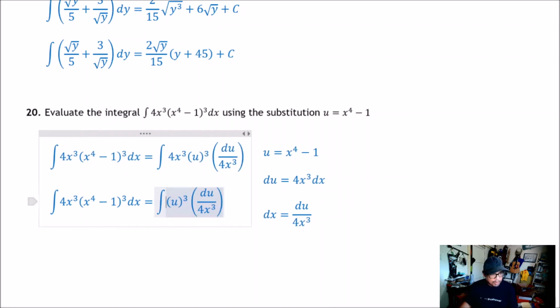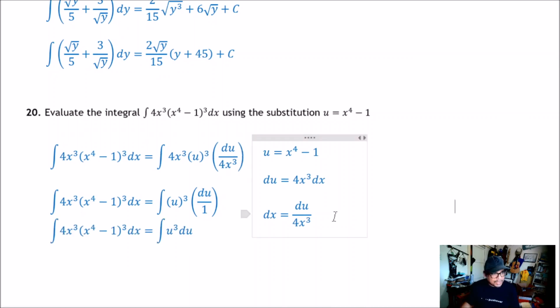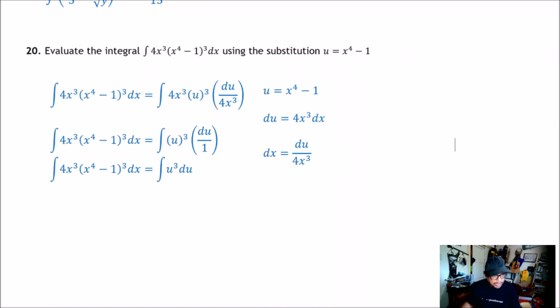Let's get rid of both of those. Okay, and, oh my gosh, that's actually all we need to do. Let's simplify that so that it looks like an integral. And look at that, that's just the same thing as u to the 3rd power du.